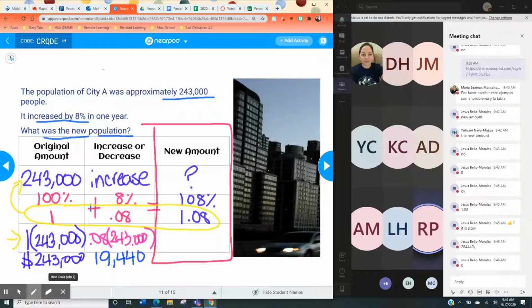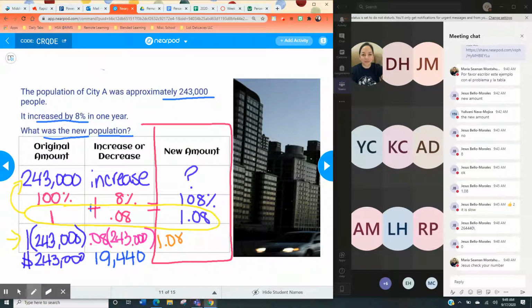And then when I do my new amount, I'm doing 1.08 times 243,000. And who can tell me what that gives me?